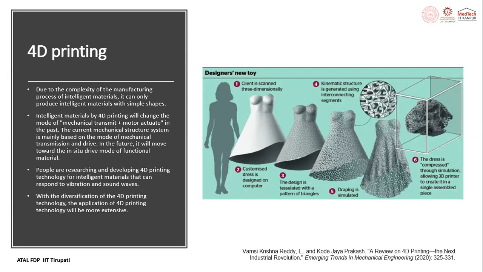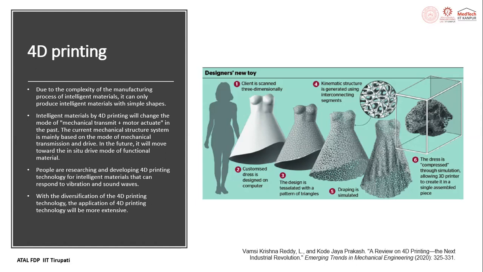In the same way, your client is scanned three-dimensionally, a customized dress is designed on a computer, and the design is tessellated into triangles, as we said. Kinematic structures are generated using an interconnecting segment. These interconnecting segments will make the dress lighter and lighter. This concept is also used for 3D printing of biomedical.